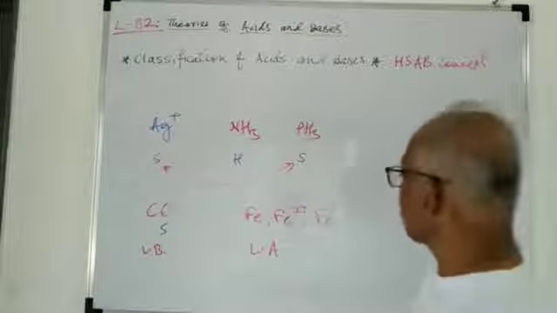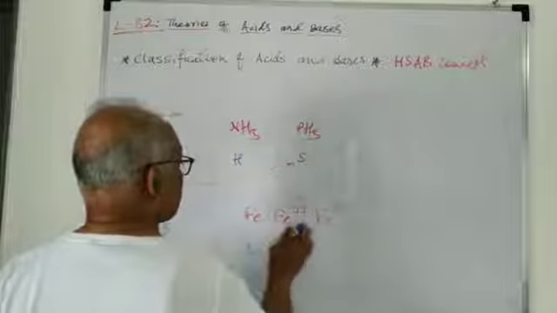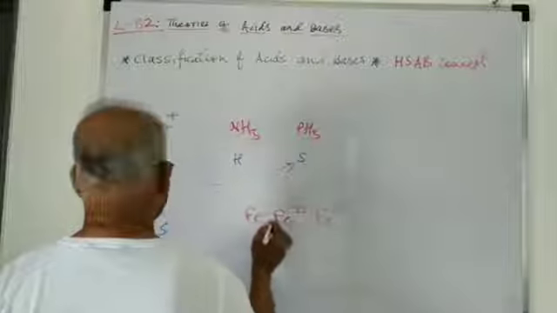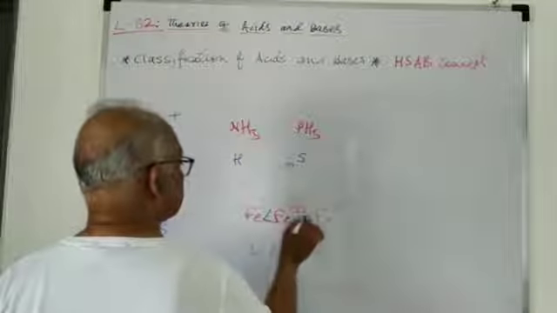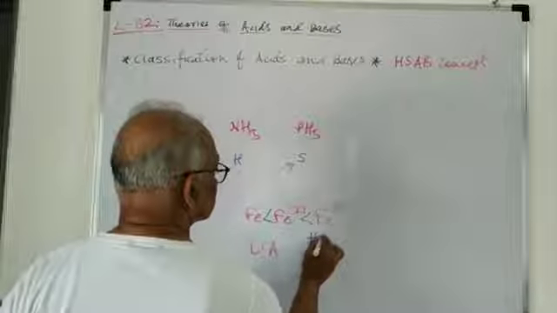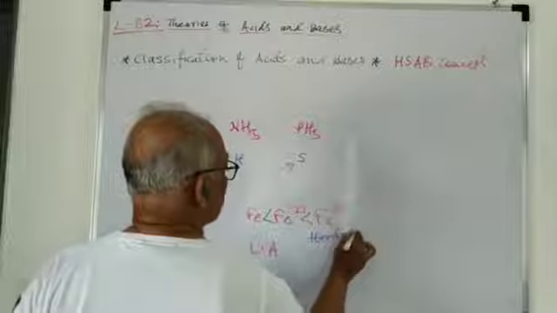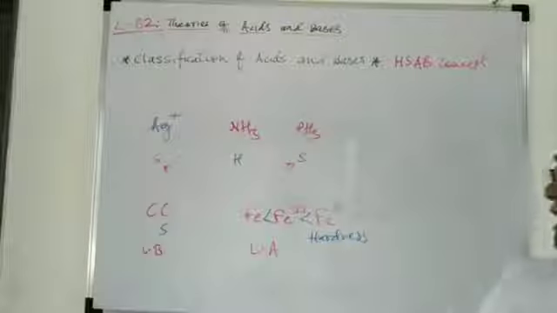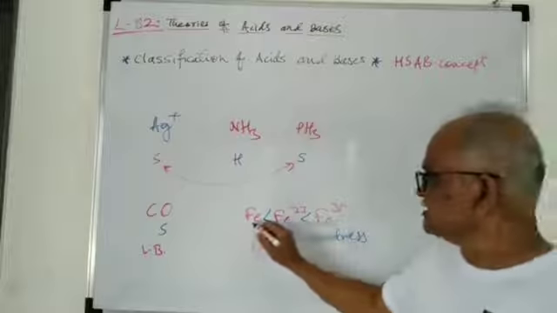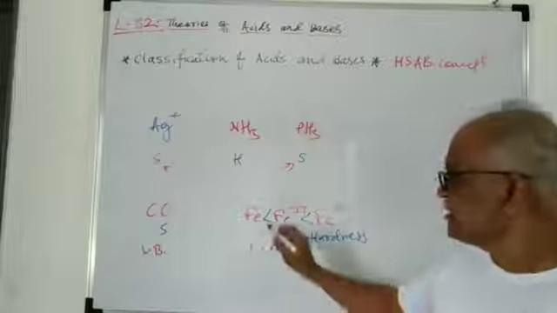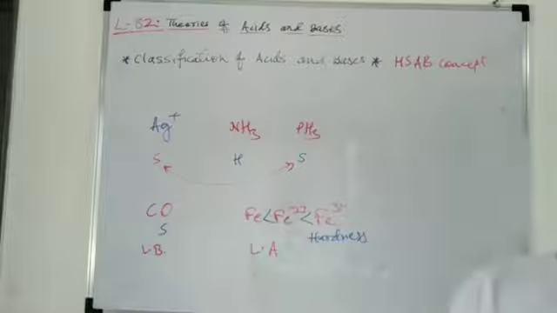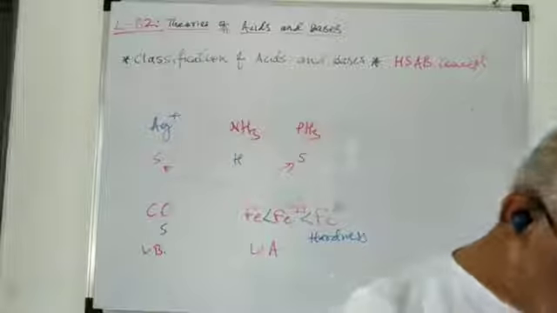The hardness increases in this order: Fe3 plus is more hard than Fe2 plus, and Fe is soft. So Fe with CO will give us a more stable complex.